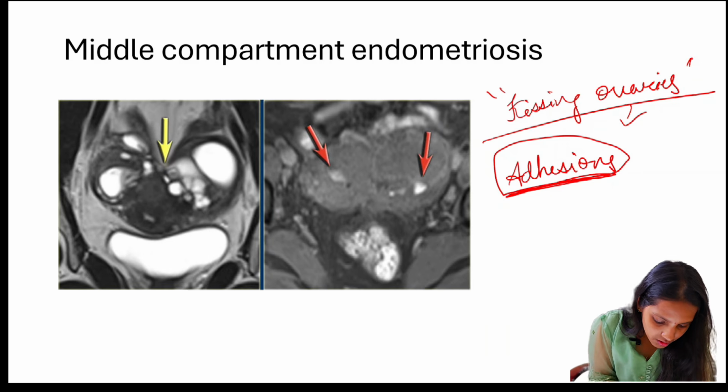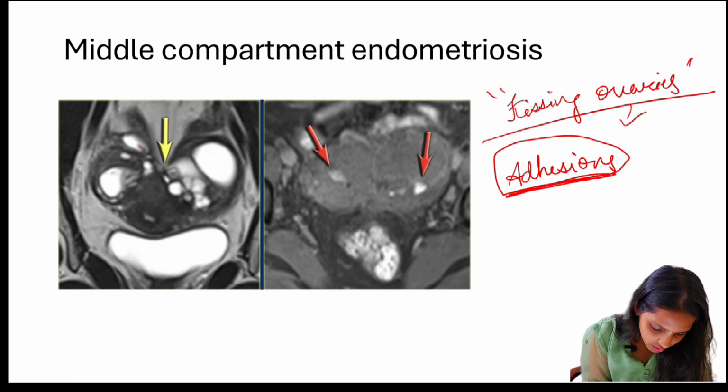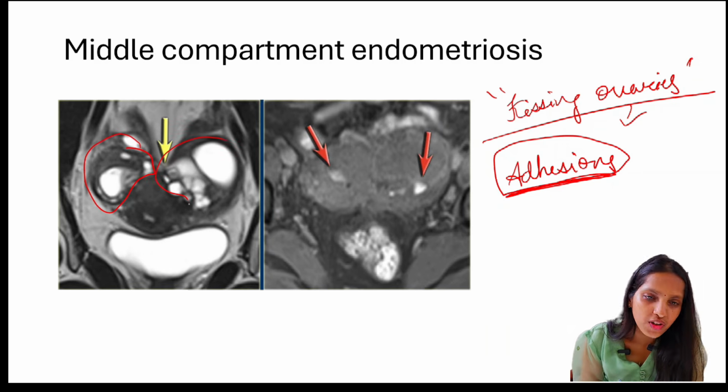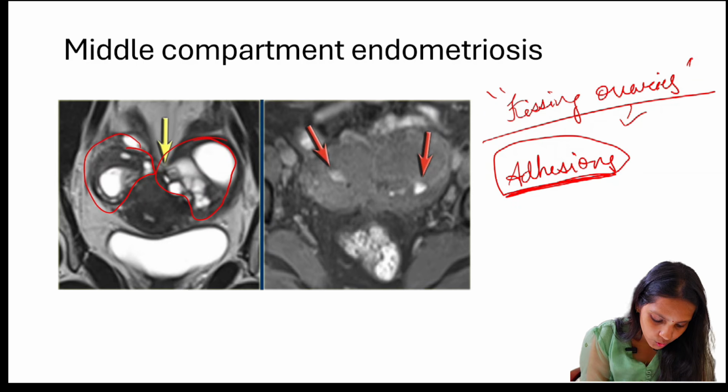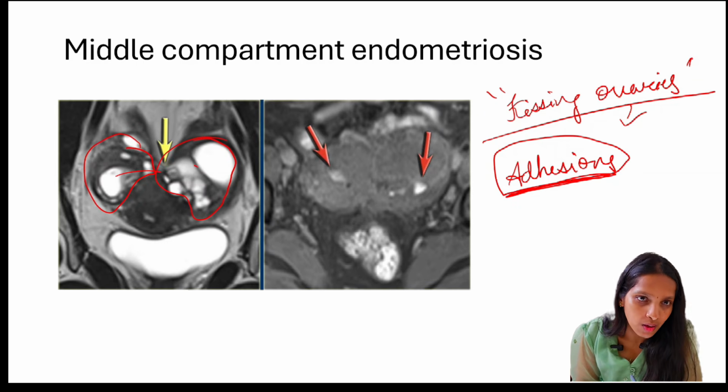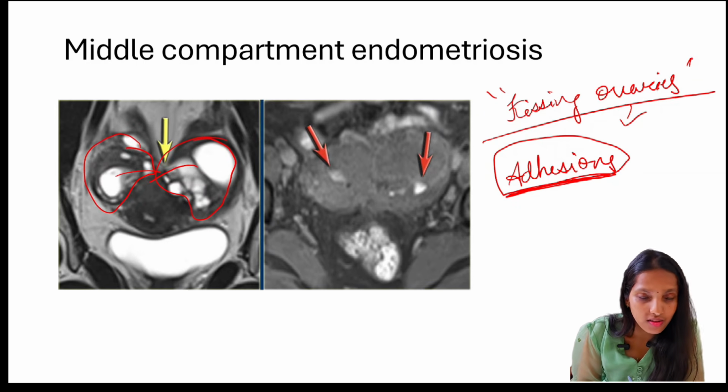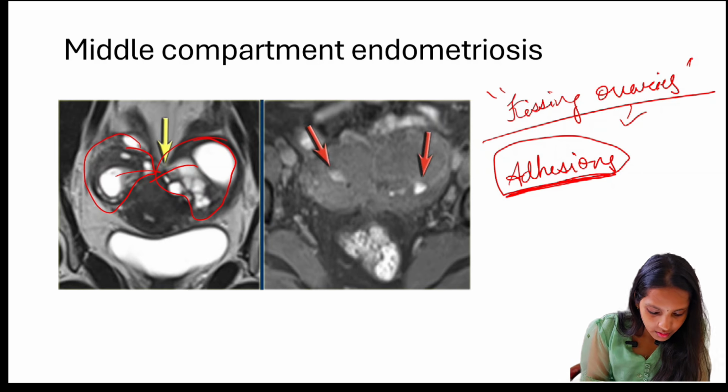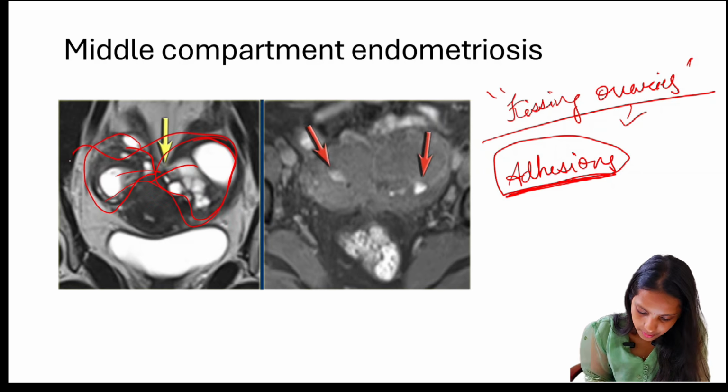Here in this MRI image, this is one ovary, this is another ovary. Due to very high adhesions, both the ovaries come closer into the anteriormost or the center, forming the entity called the kissing ovaries.